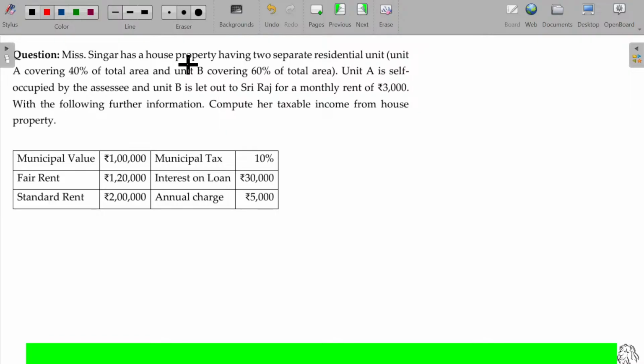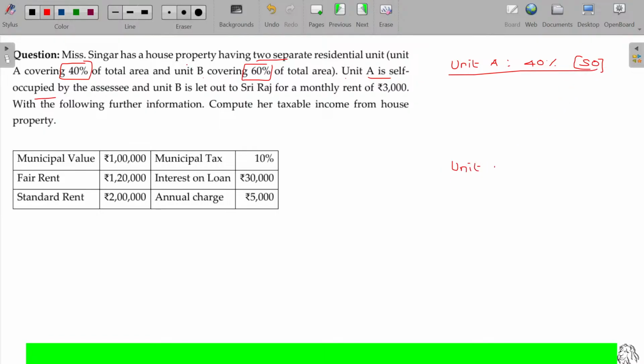Miss Singer has a house property having two separate residential units. Unit A covering 40% of the total area and Unit B covering 60% of the total area. Unit A is self-occupied.